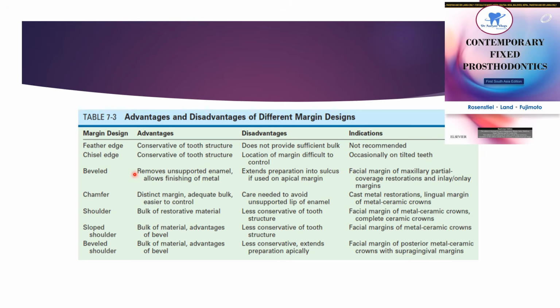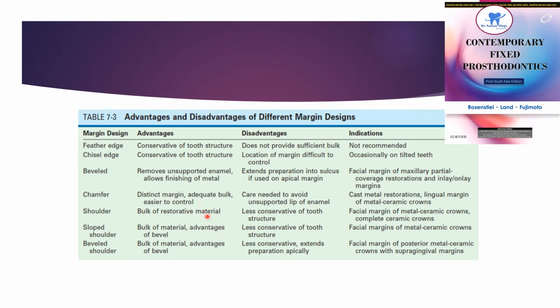Beveled, it removes unsupported enamel, allows finishing of metal, extends preparation into the sulcus if used on apical margin, and the indications are facial margin of maxillary partial coverage restoration and inlay-onlay margins. Then chamfer, distinct margin, adequate bulk and easier to control. Care is needed to avoid unsupported lip of enamel, cast metal restoration, lingual margin of metal ceramic crowns.